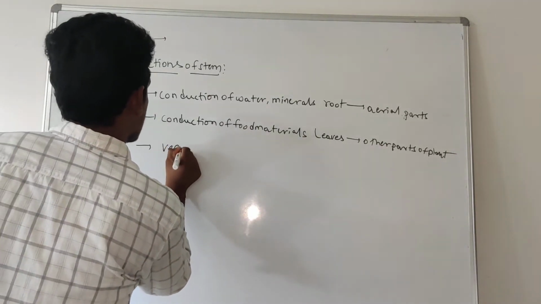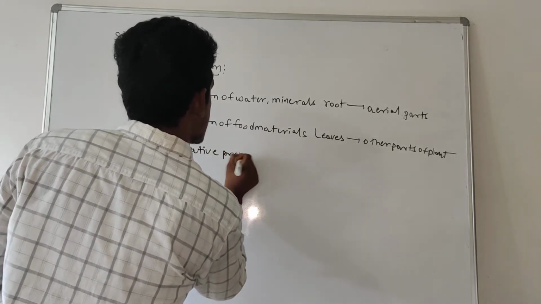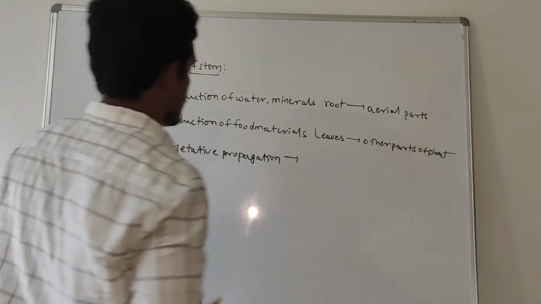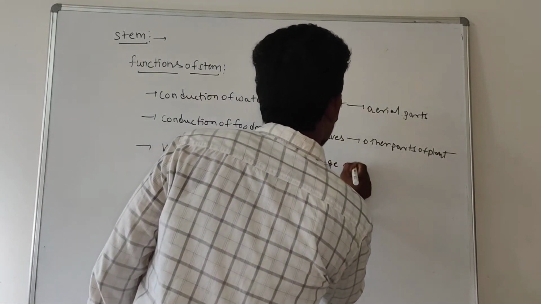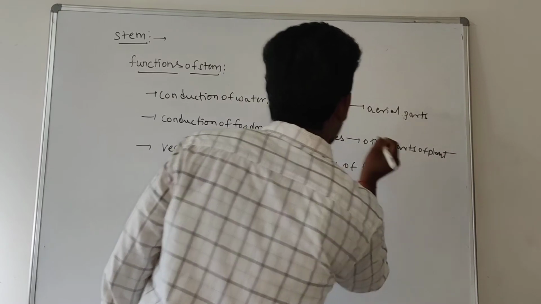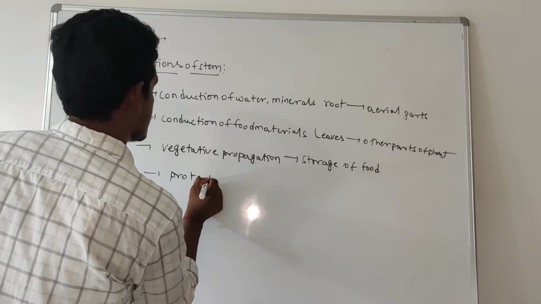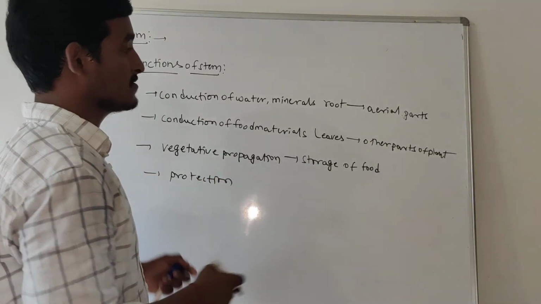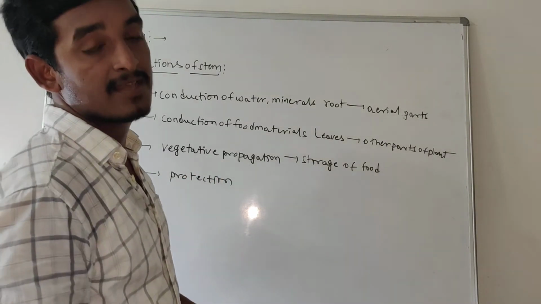It helps in vegetative propagation, storage of food material, and protection, right? So these are the functions performed by a stem.